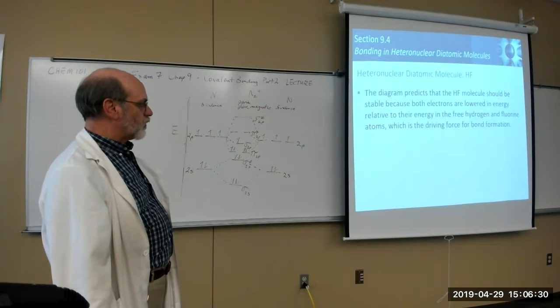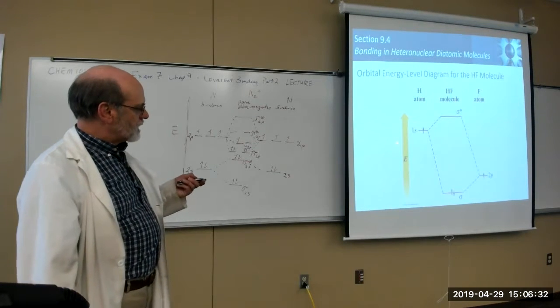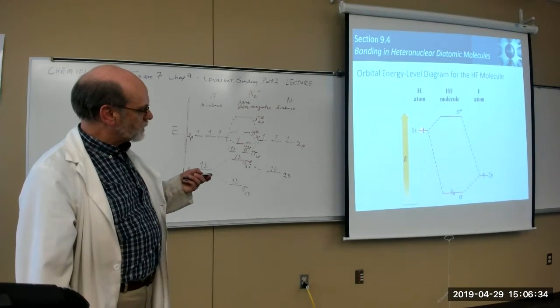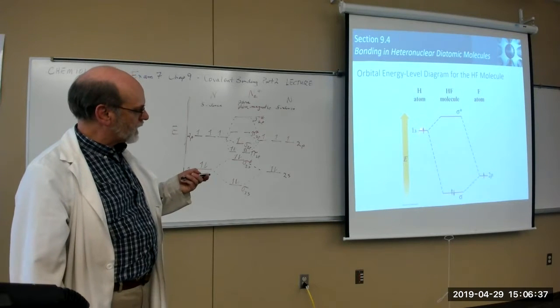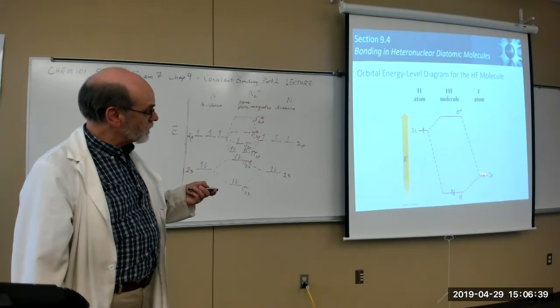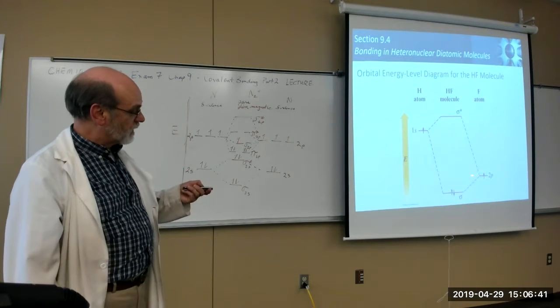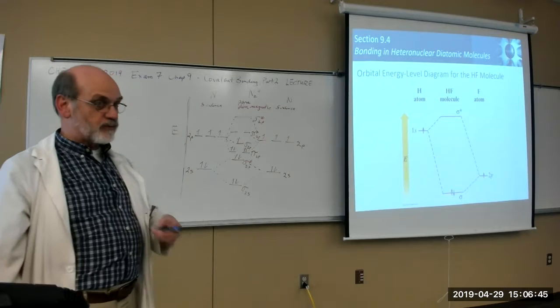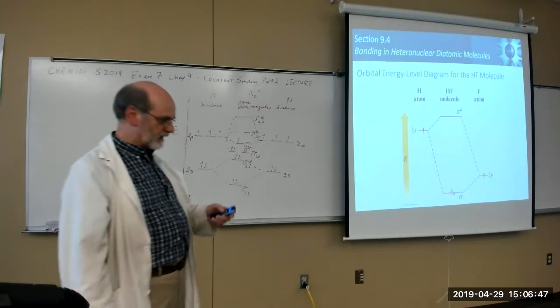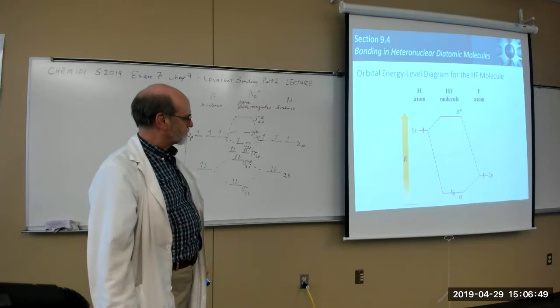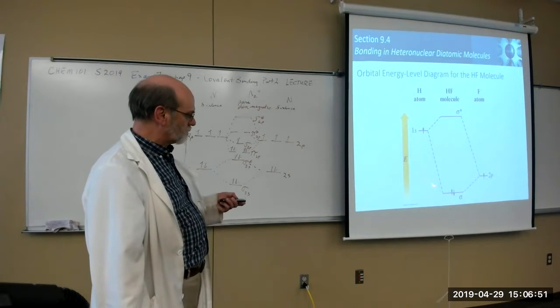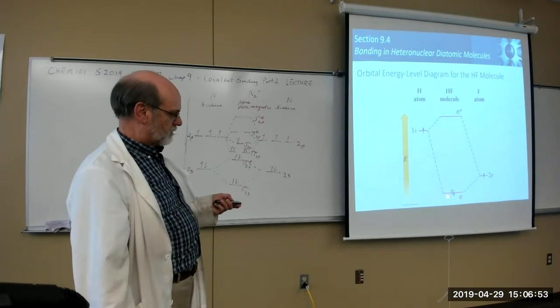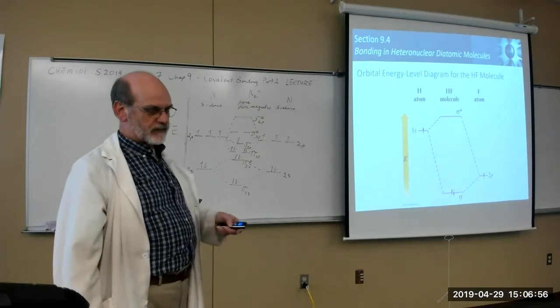So the other thing that we witnessed is that the electron here in fluorine is at that energy level, but the molecular orbital is a lower energy level, so it should be a stable molecule, and in fact it is. Bond order would be 1, right? 2 minus 0 divided by 2 is 1.